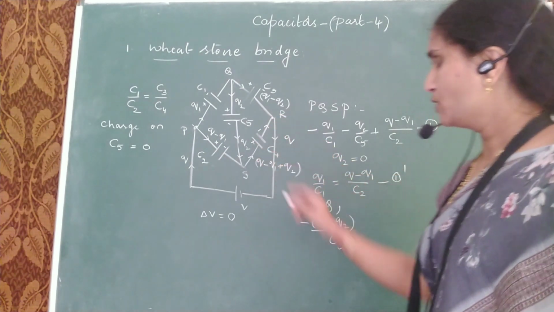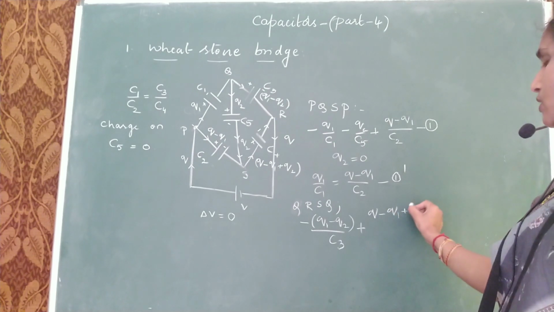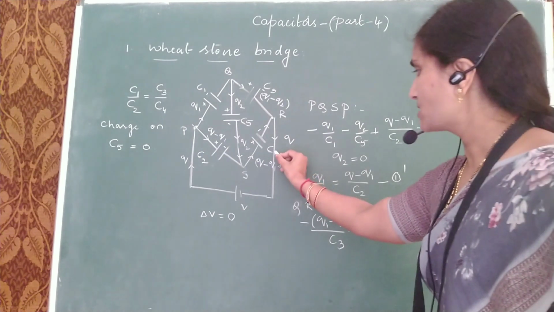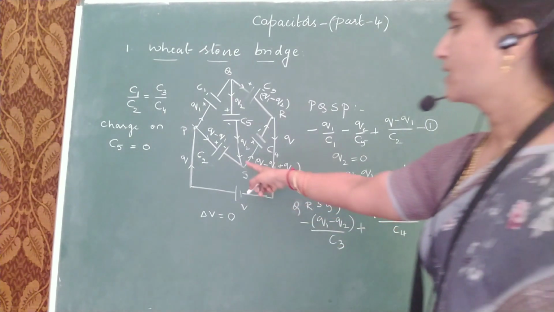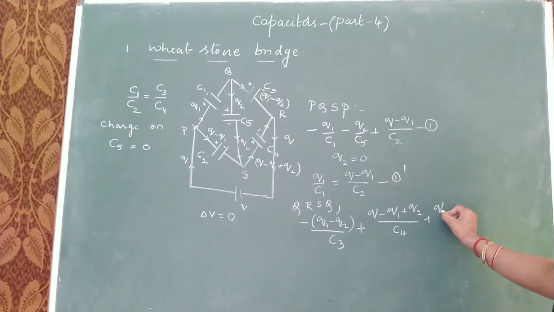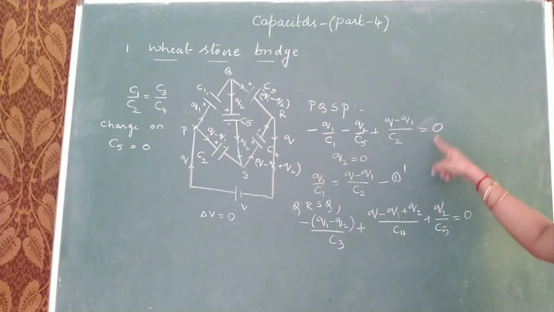When I move from negative to positive, it is plus Q minus Q1 plus Q2 divided by C4. The capacitance of this capacitor is C4. Then negative to positive, again plus Q2 divided by C5 should be 0. Okay, I am equating it to 0.